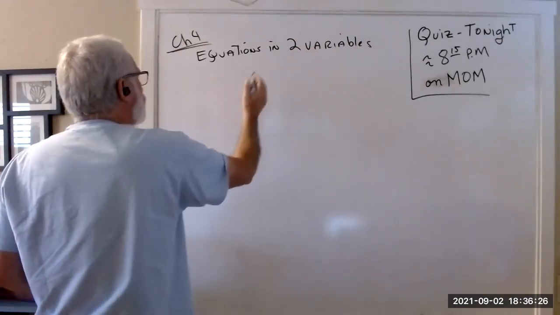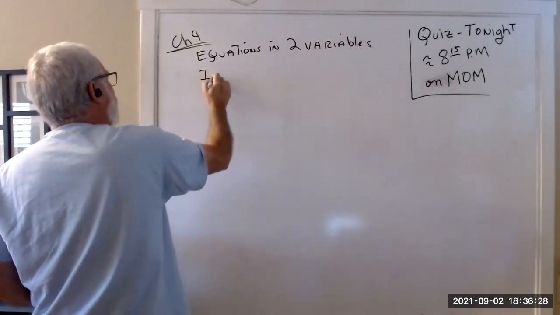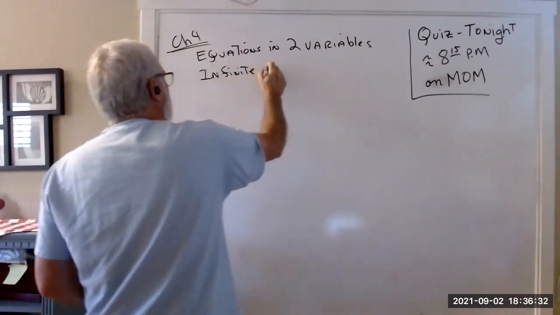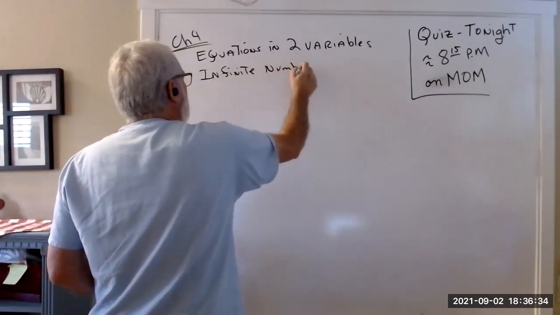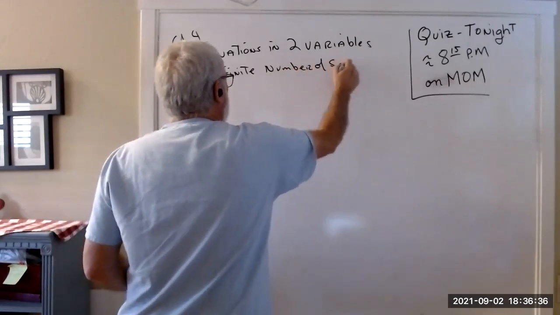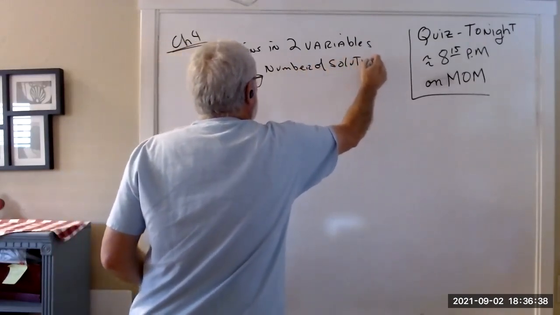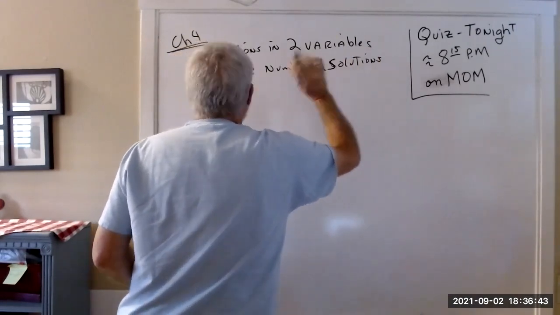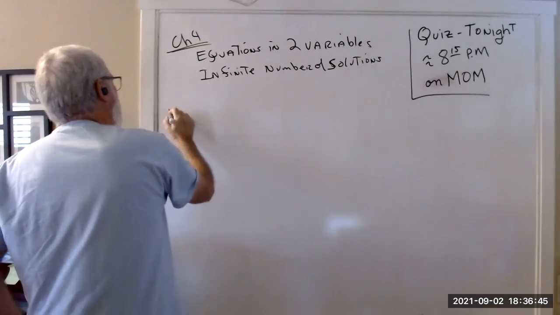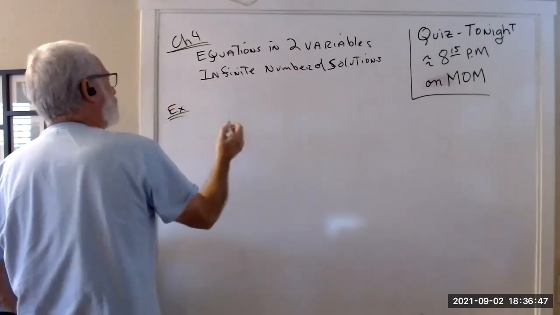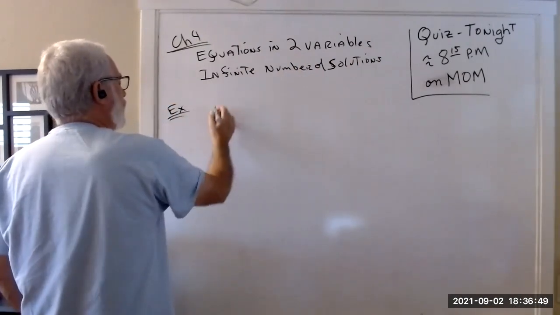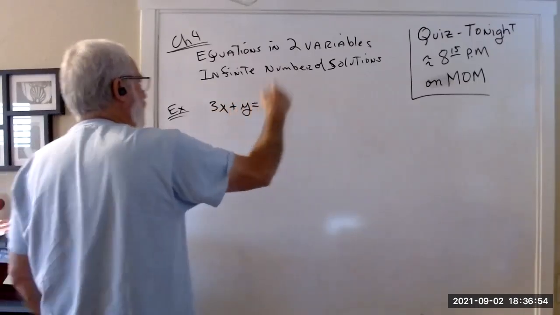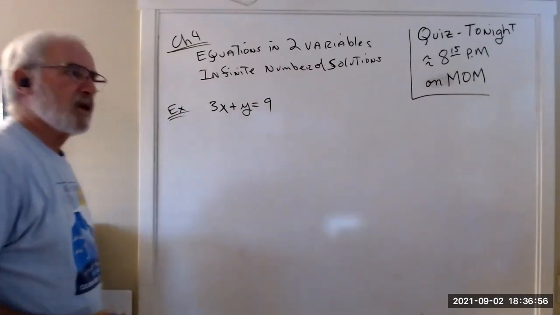And we said generally they have an infinite number of solutions. Generally, there's always an exception to every rule, but they will. So an example was, I don't know, 3x plus y equals 9 or something like that.